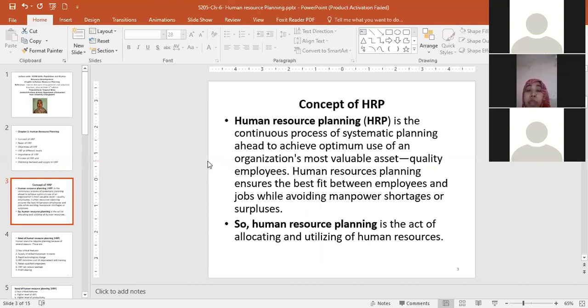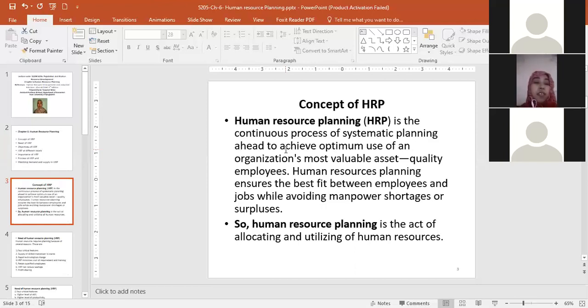Okay. So first of all, I'm going to discuss the concept of HRP. It means human resource planning is the continuous process of systematic planning ahead to achieve optimum use of an organization's most valuable asset, quality employees. Okay, and that means human resource planning ensures the best fit between employees and jobs while avoiding manpower shortages or surpluses.